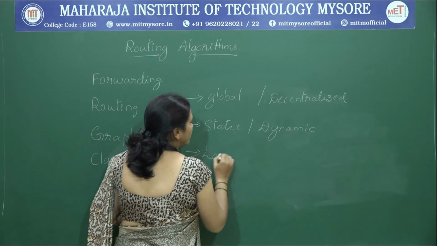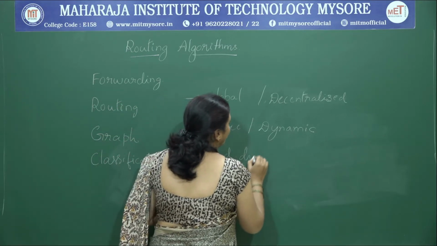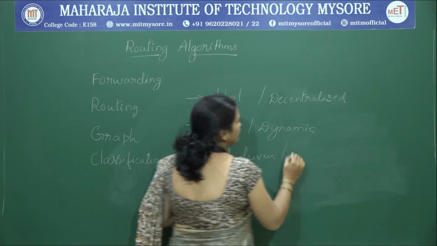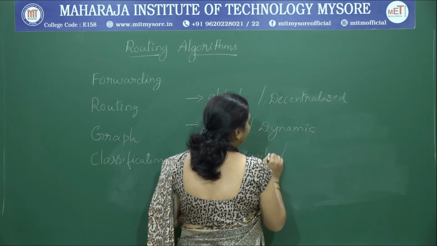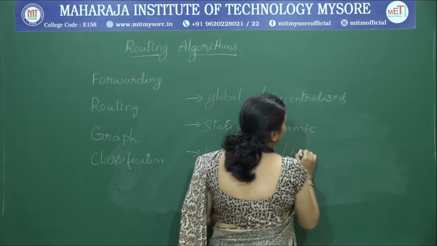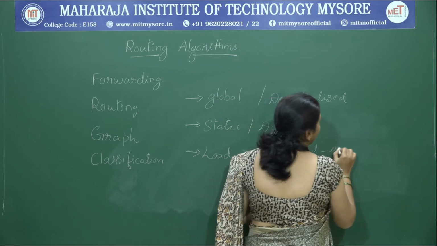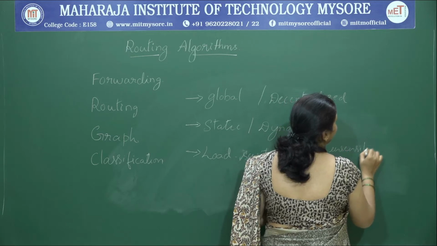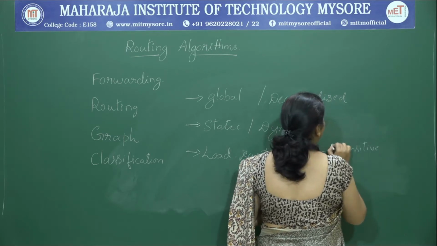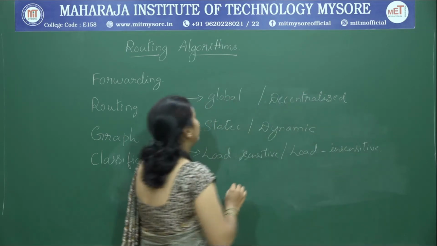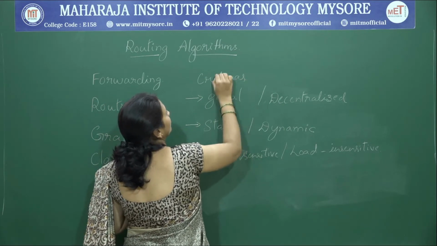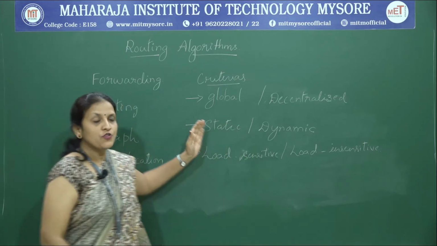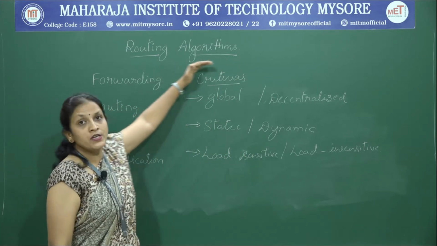The third one is whether it is load driven, load sensitive or load insensitive. These are the 3 criteria based on which we are going to classify our routing algorithms.